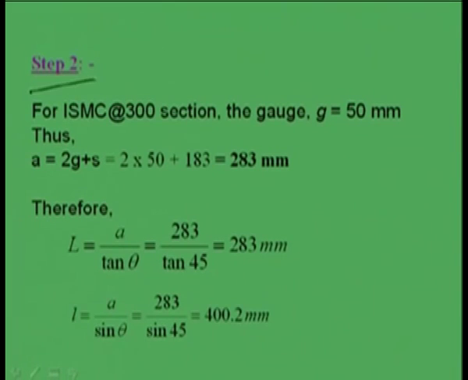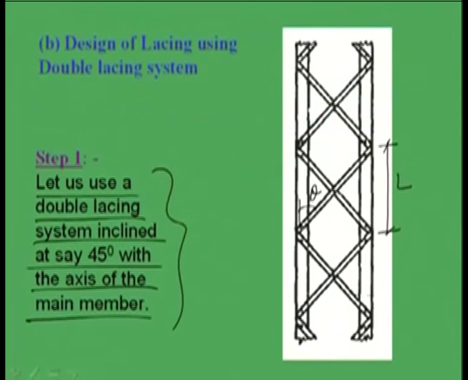In step 2 we will find out A in a similar way, 2G plus S, and this is coming 283 millimeter, and similarly we can find out L. Here what will be L? If this is total 2L, this is again L, right.